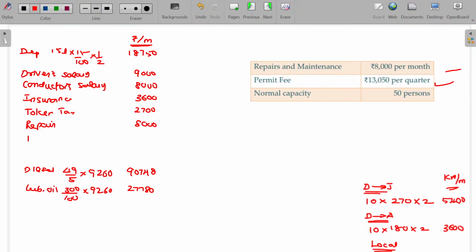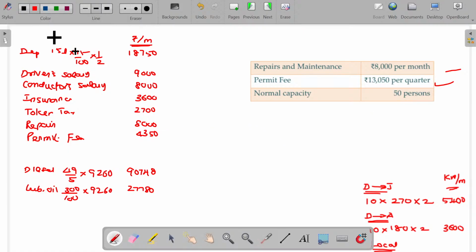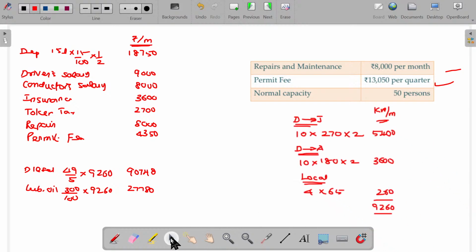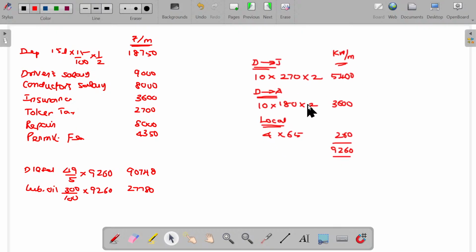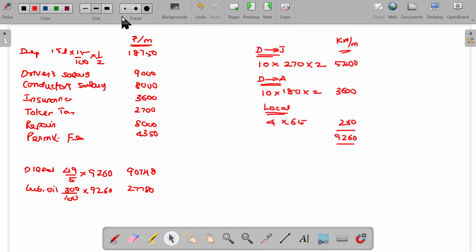Permit fee, 4,350, and the normal capacity being 50. How many seats are there in that bus? 50 seats. It means 5,400 kilometers driven with 50 passengers. That's the maximum or normal capacity of seats available.